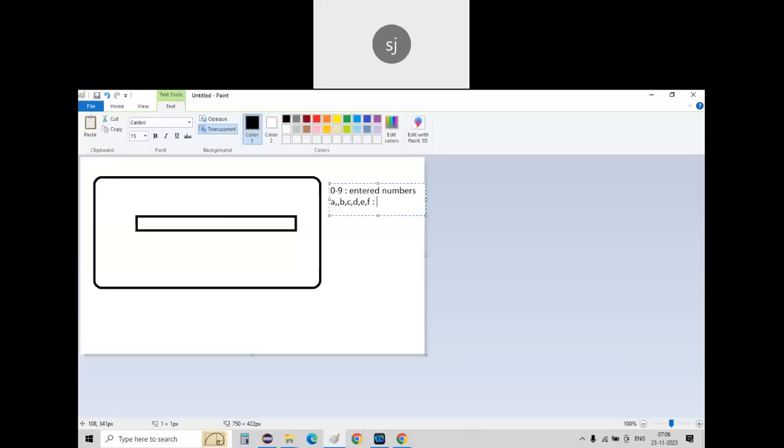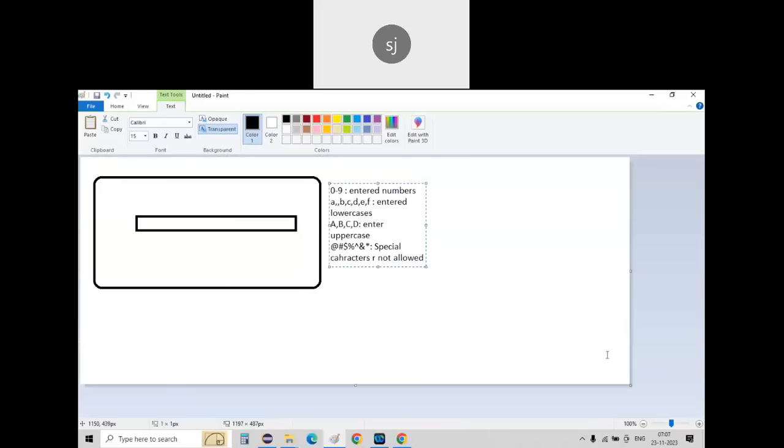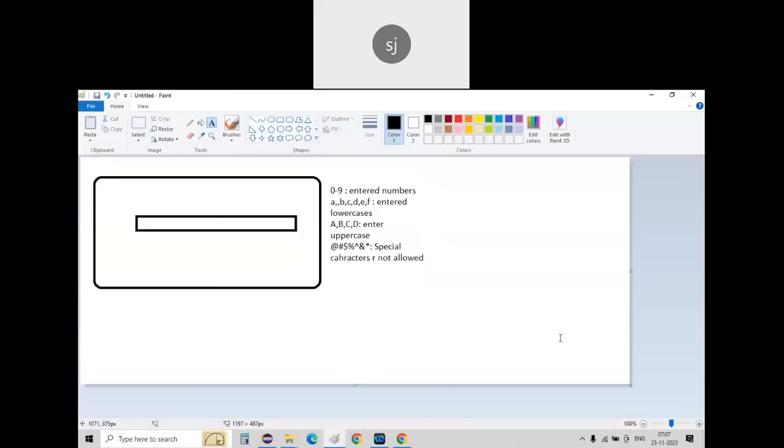If you enter uppercase letters, the successfully entered uppercase should display. If you enter any special characters, a message saying special characters are not allowed will display for us.